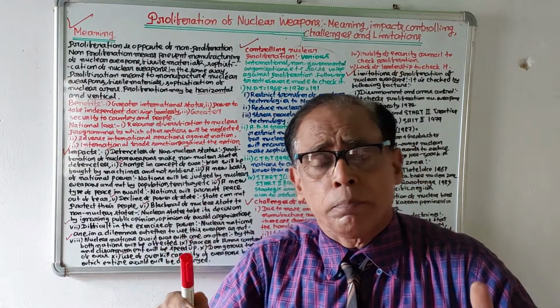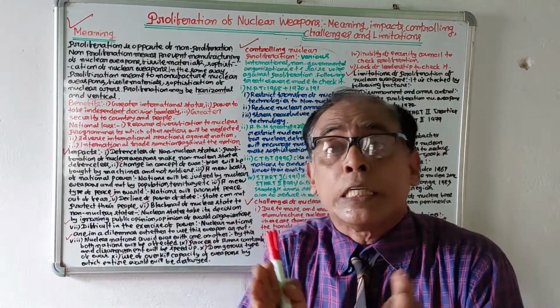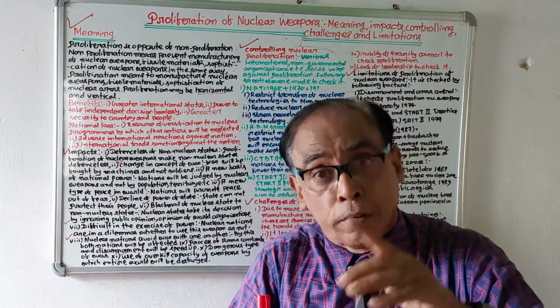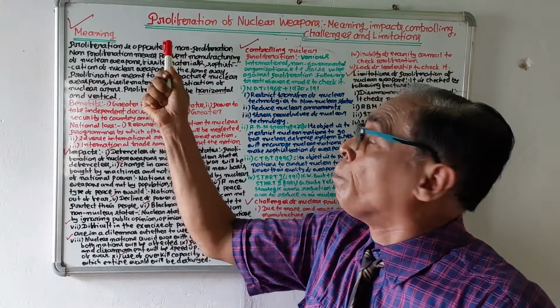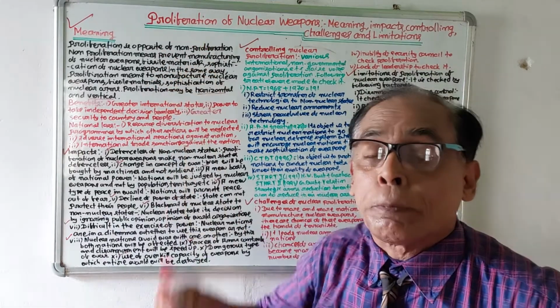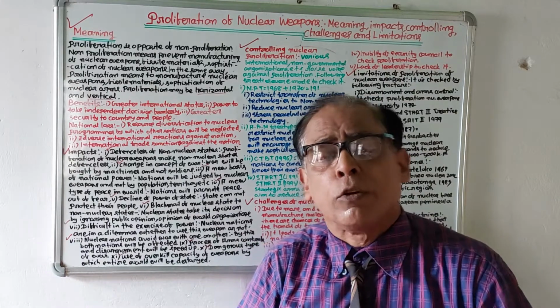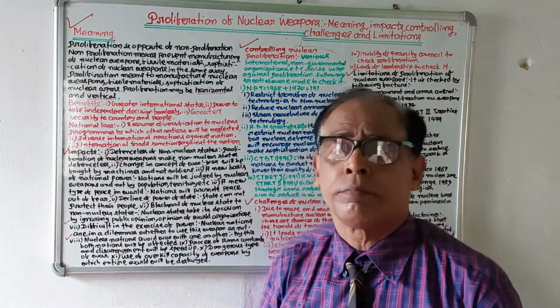Dilip Kumar Pal stands before you with a very important topic of paper number 10 of 4th semester, and the name of the topic is Proliferation of Nuclear Weapon. So far as proliferation of nuclear weapon is concerned, we'll discuss mainly its meaning.